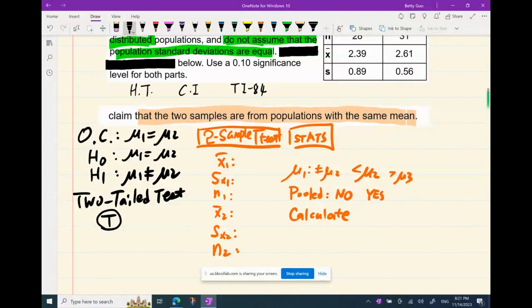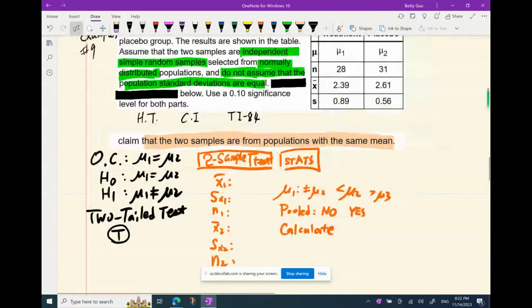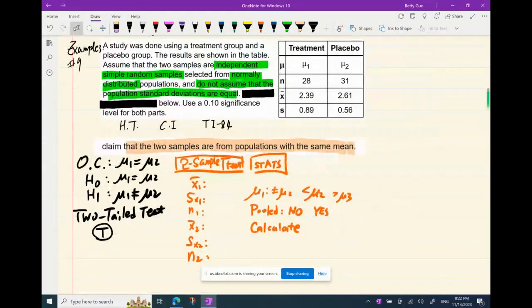Let's enter the values for those entries. We have x sub 1 bar 2.39. Be very cautious. All we do is enter the values, so make sure we enter the values correctly. X1 bar 2.39.